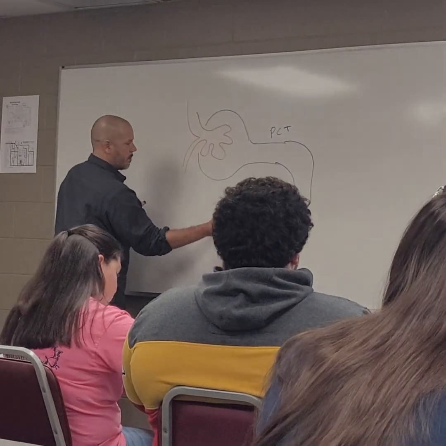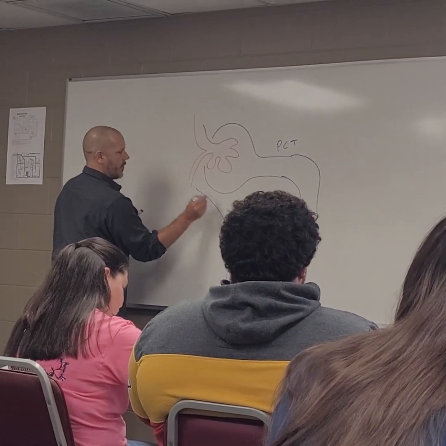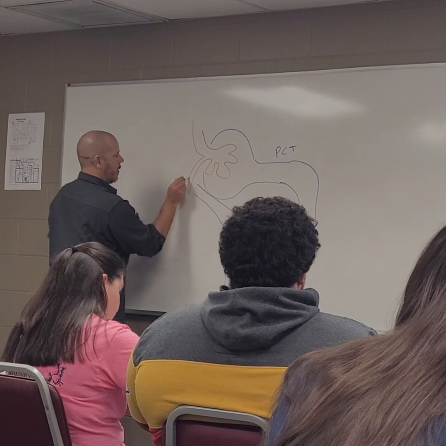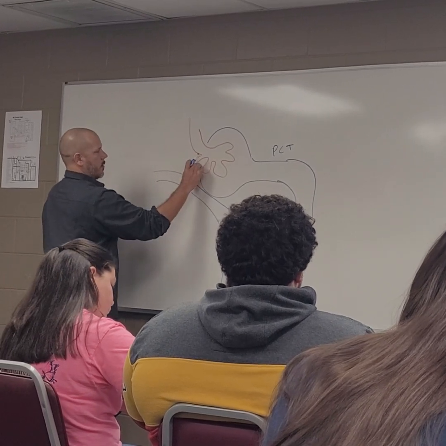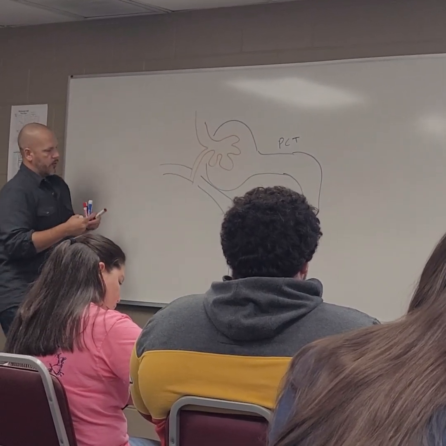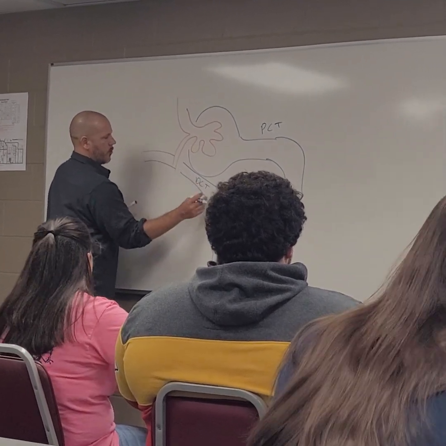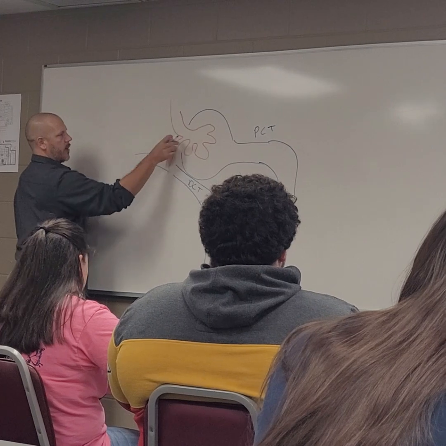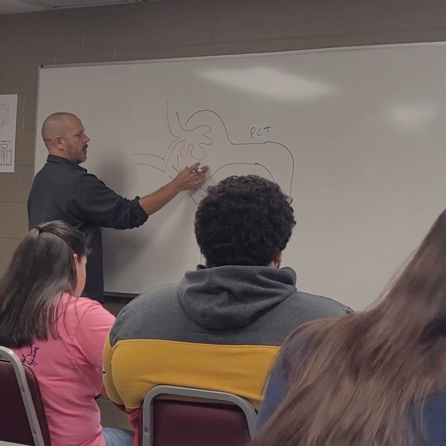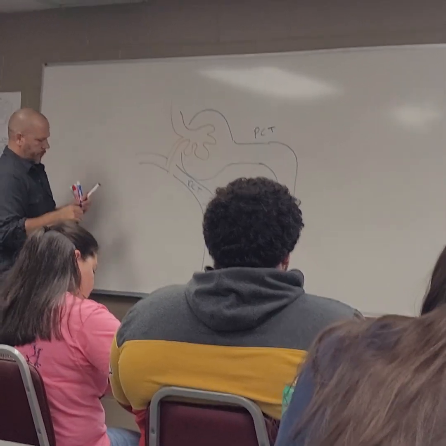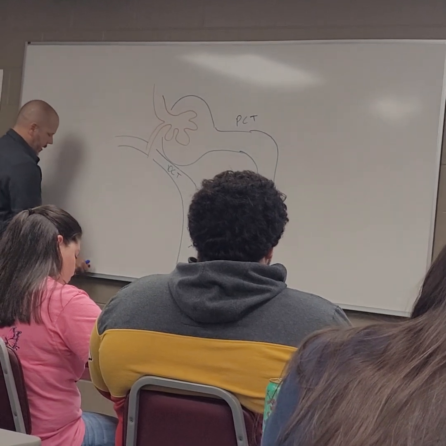And when it comes back up, it passes by the entry point here. So the loop becomes the distal convoluted tubule, and the distal convoluted tubule passes by the blood vessels that enter and exit the glomerular capsule.